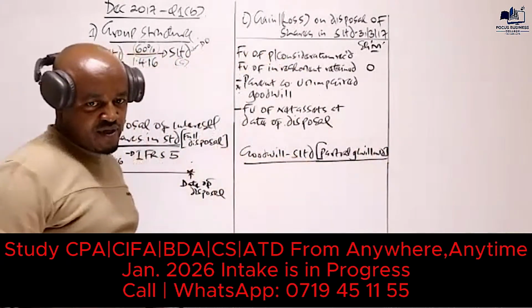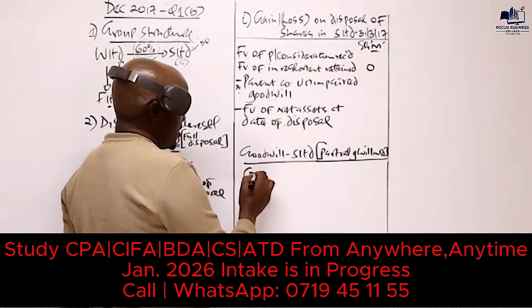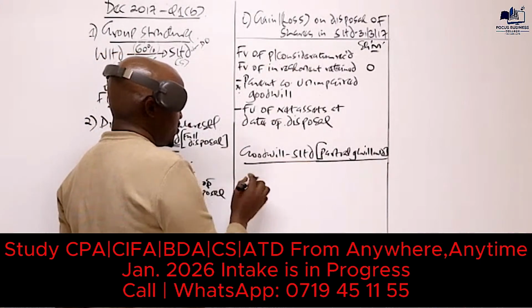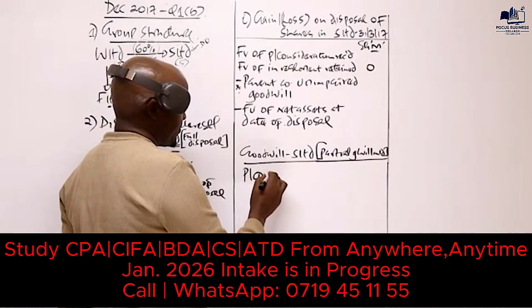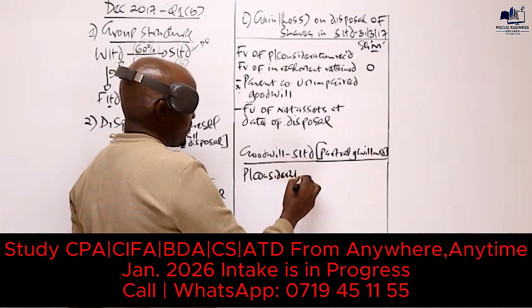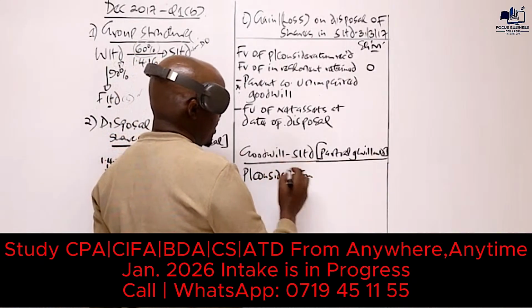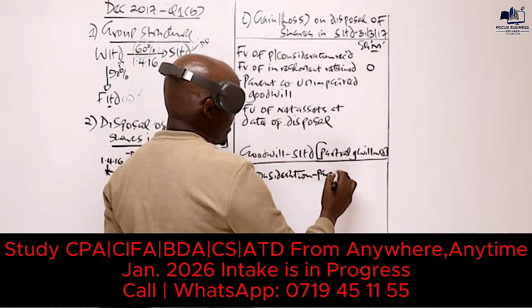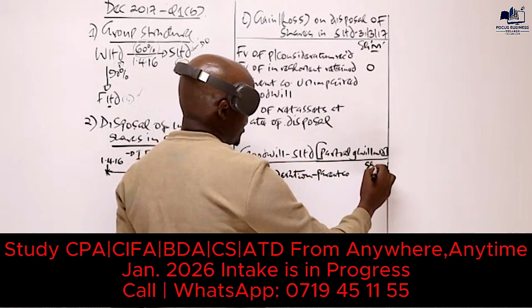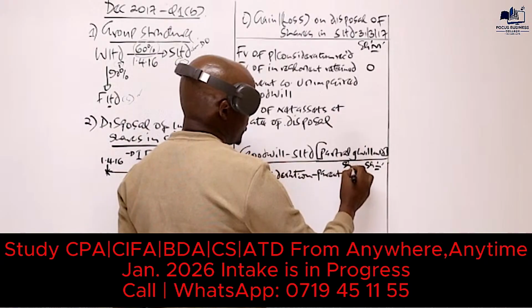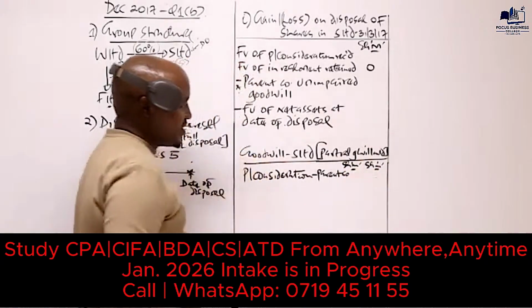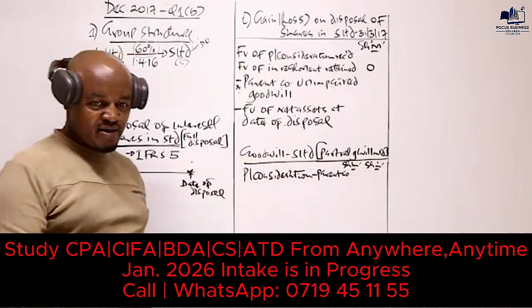So how do we compute this goodwill? We start with the purchase consideration which was paid by the parent, which can also be known as the cost of investment. We have that in note number 1. How much purchase consideration was paid by the parent company?